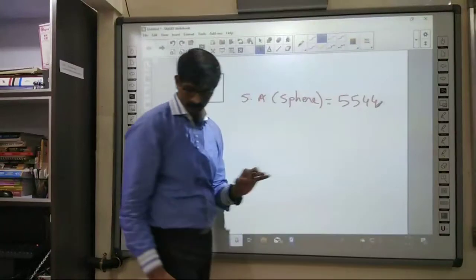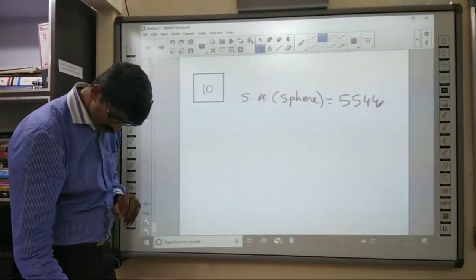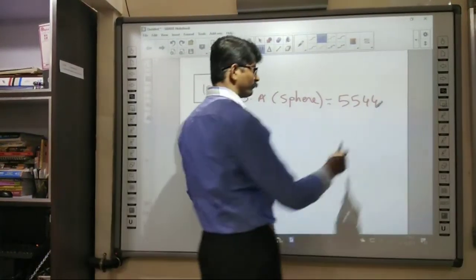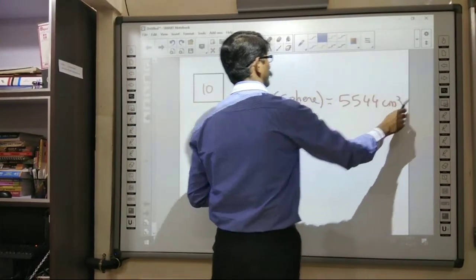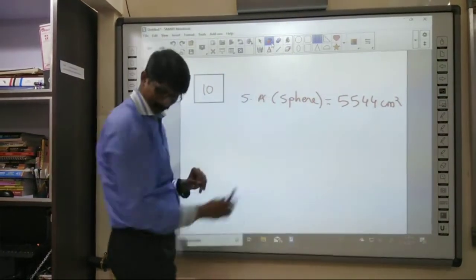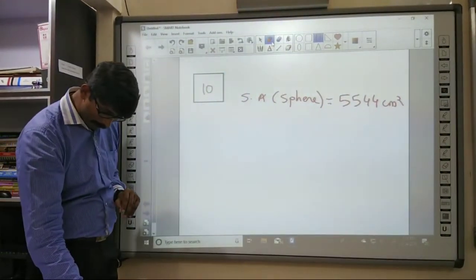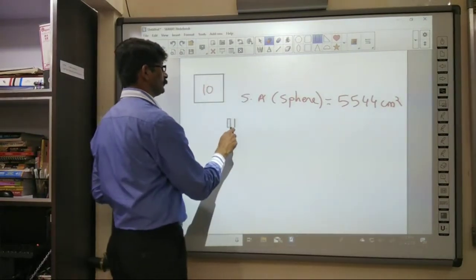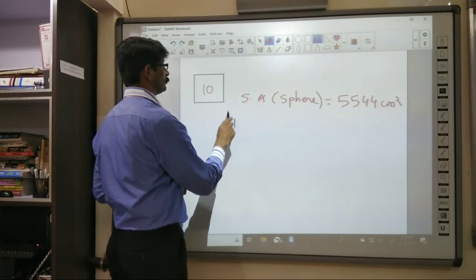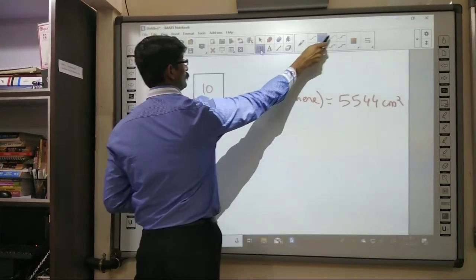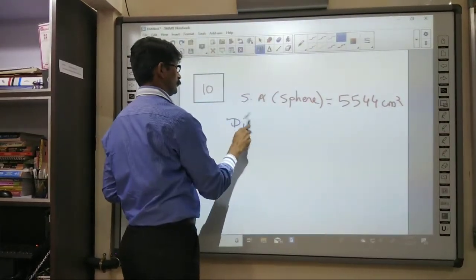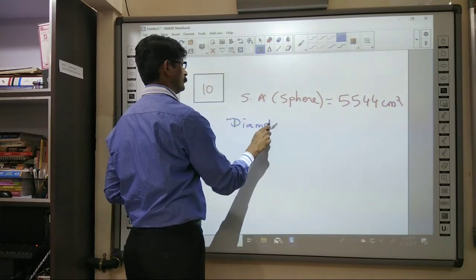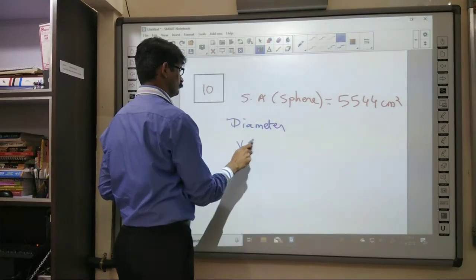I'll check the unit: centimeter square. You have to find diameter and volume. What is the diameter, and what is the volume?